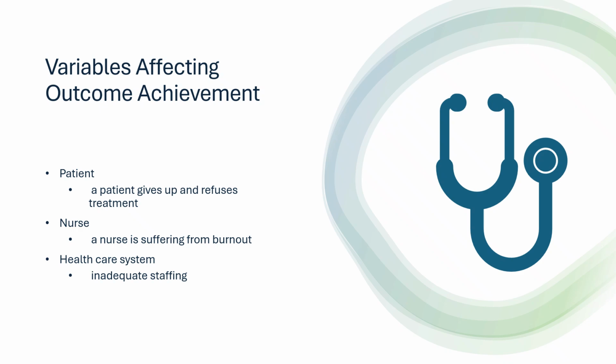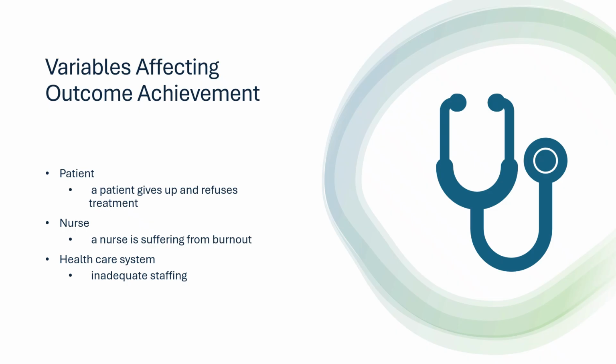Challenges to outcomes being achieved. There are also some patient variables related to this, such as refusal to cooperate due to emotional distress or distrust, or passive acceptance without self advocacy. Some nursing variables include burnout from overcommitment, personal stressors affecting their work performance, or boredom or lack of professional growth.